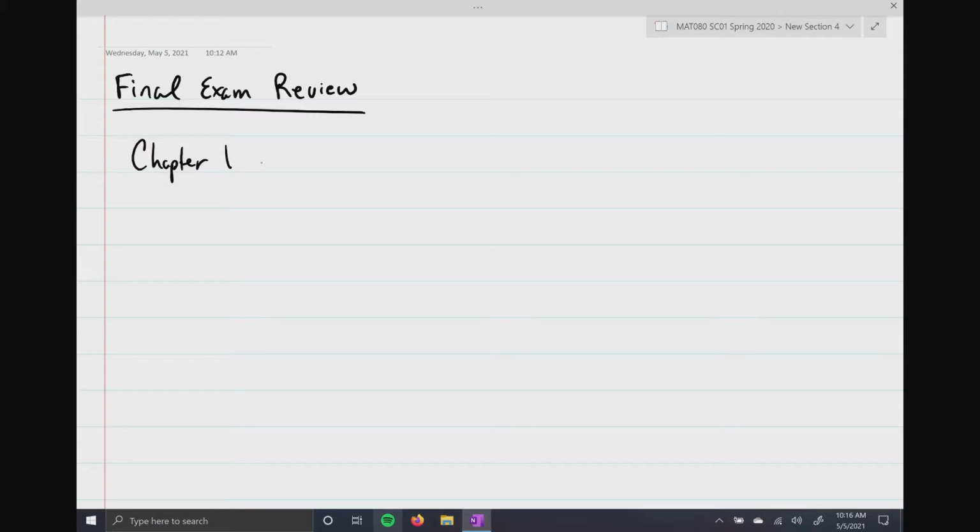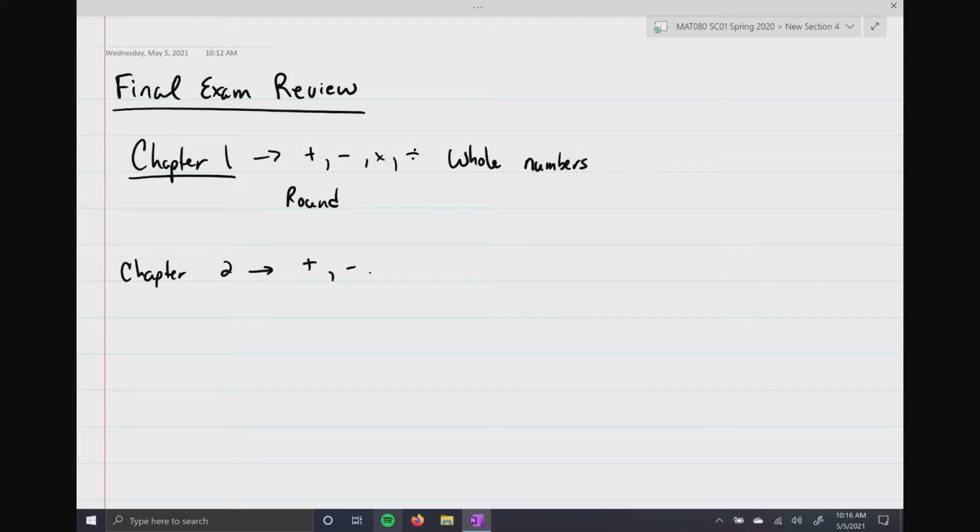Chapter 1, add, subtract, multiply, divide whole numbers. We also learned how to round. Chapter 2, we did the same thing.